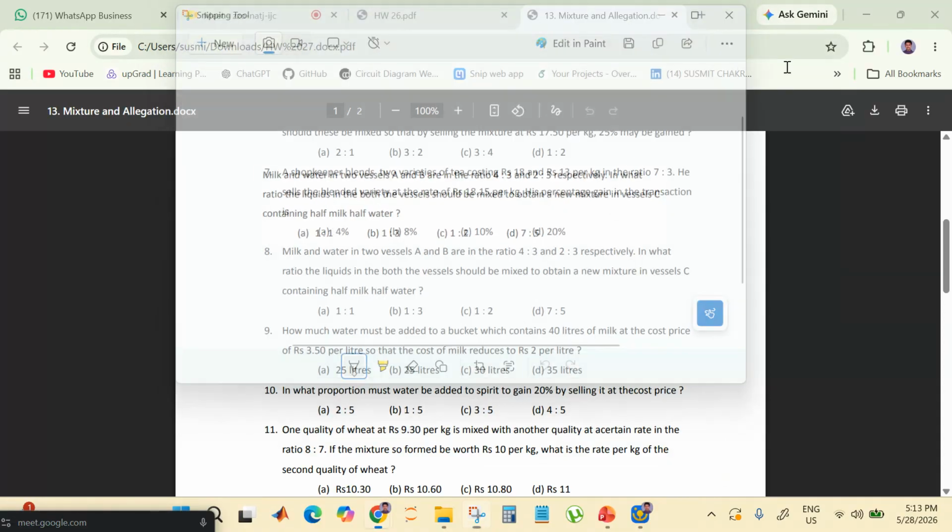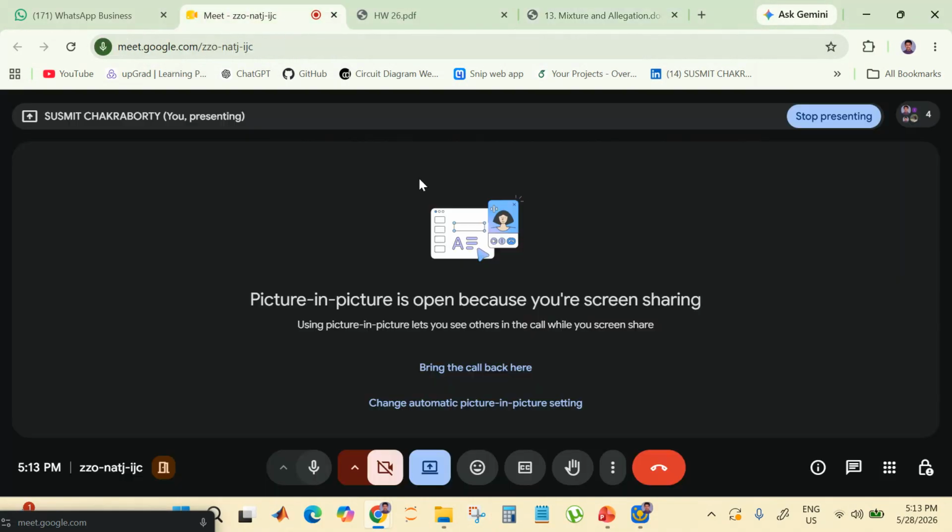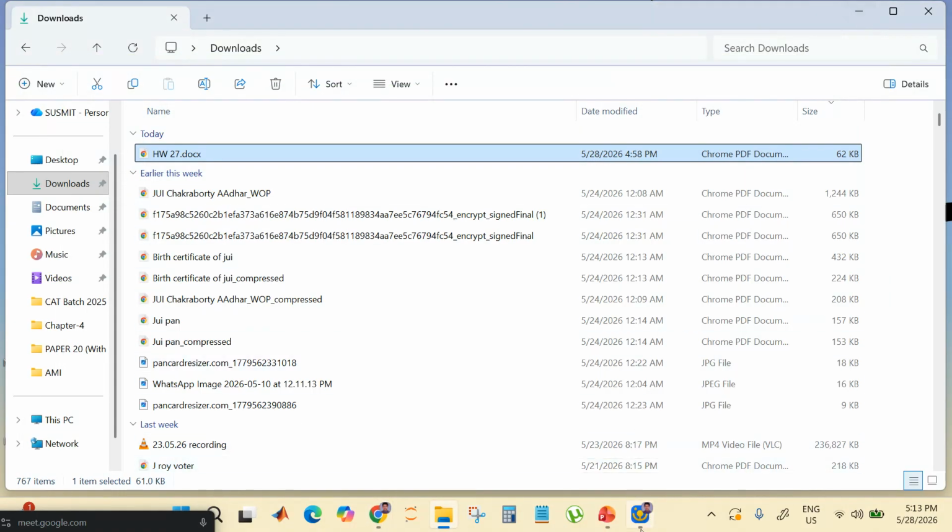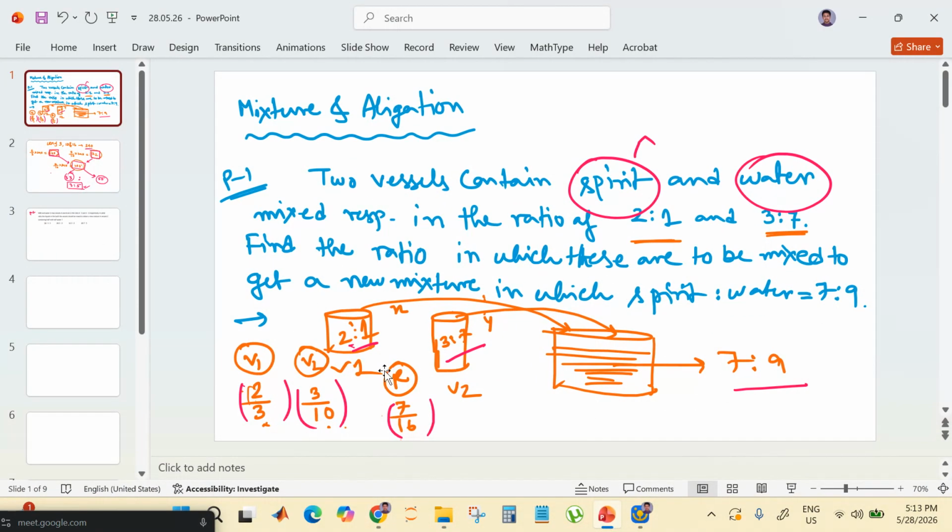Just hold on a minute. So instead of just taking the spirit in calculation, just try it in the same way with the water ratio.